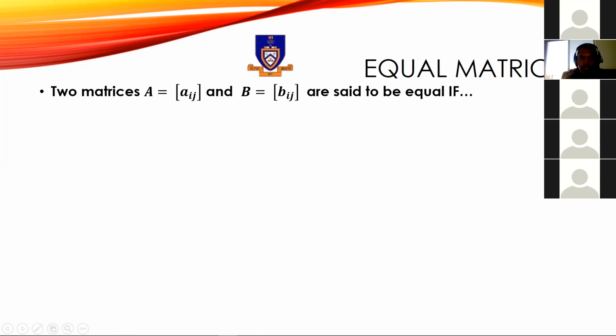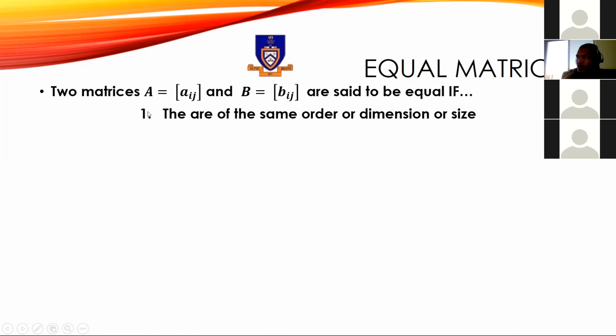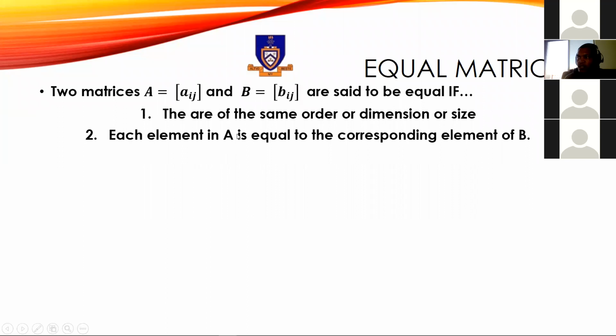For matrices to be equal, all the elements in A must be equal to all the elements in B. We say two matrices Aij and Bij are said to be equal if, first, they are of the same order, dimension or size. Secondly, each element in A is equal to the corresponding element in B. So the first element of A is the same as the first element of B. They must be the same also, all right?